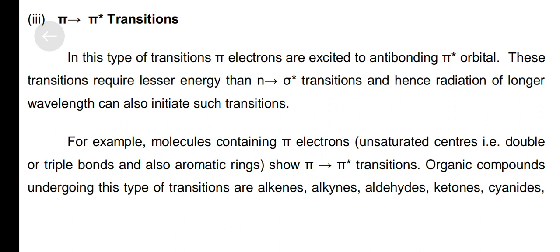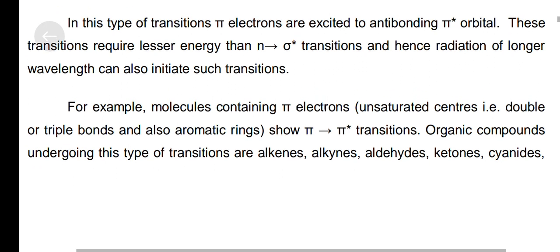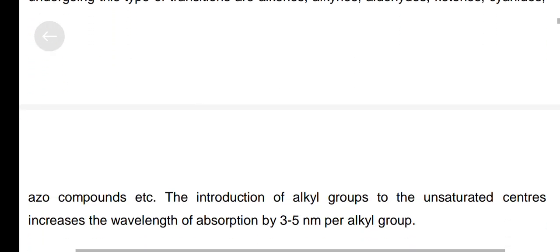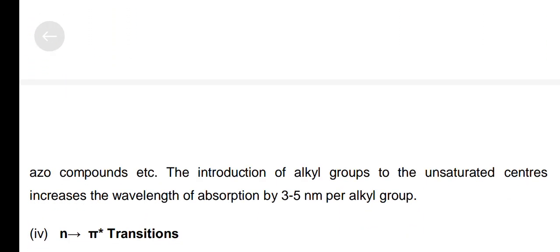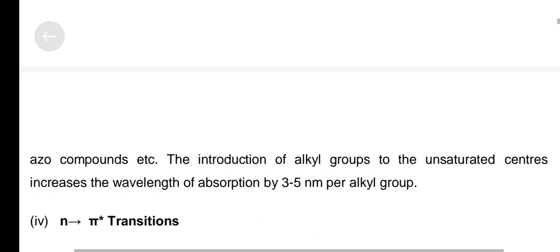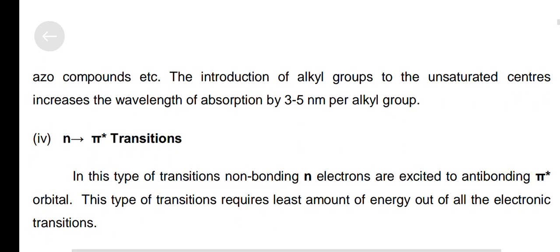Organic compounds undergoing this type of transition are alkenes, alkynes, aldehydes, ketones, cyanides, azo compounds, etc. The introduction of alkyl groups to unsaturated centers increases the wavelength of absorption by 3 to 5 nanometer per alkyl group.